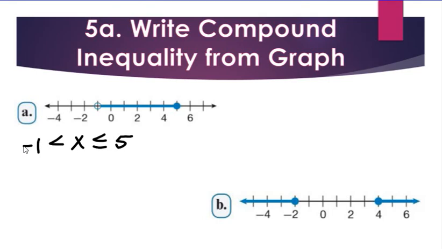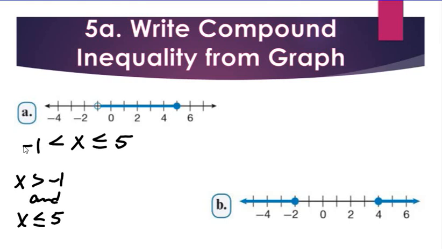So that's one way of writing it. Or you can write it as x is greater than negative 1, and x is less than or equal to 5. Those are two different ways of doing it. You get to decide which format to write it in.